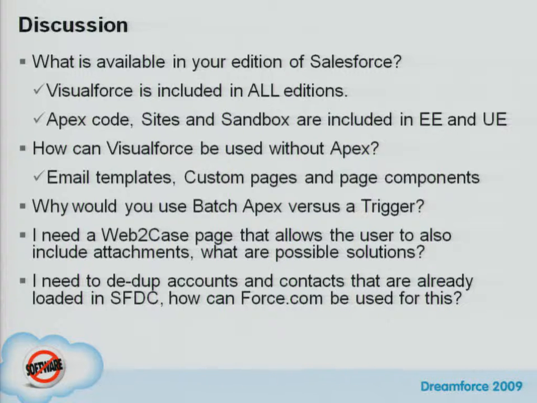Now, where you have custom logic behind Visualforce, where you have a class or Apex, that's really only Enterprise Edition or Unlimited Edition. Okay. And what about that registration page, the sites? The registration page, because it has some custom logic behind it that was doing dedupe and other checking, that part of it is specific to Enterprise Edition or Unlimited Edition.